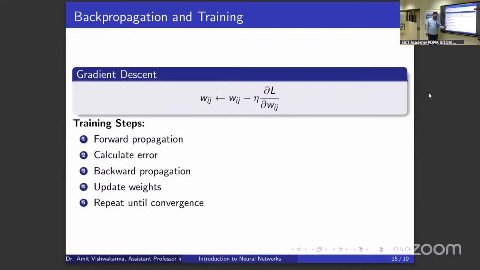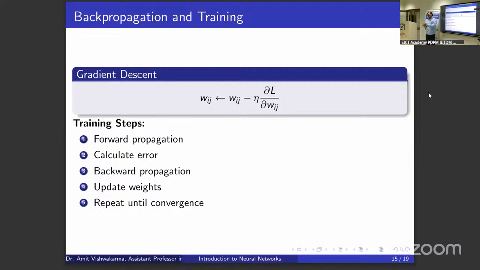And repeat until convergence. Repeat until convergence means, let's say for MSE, it will be very difficult for me to obtain the exact value of 0.8. So I assume that if my error is below 0.005, then I will stop.